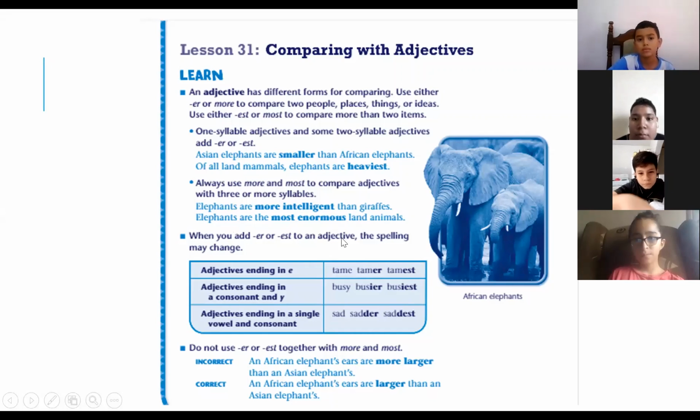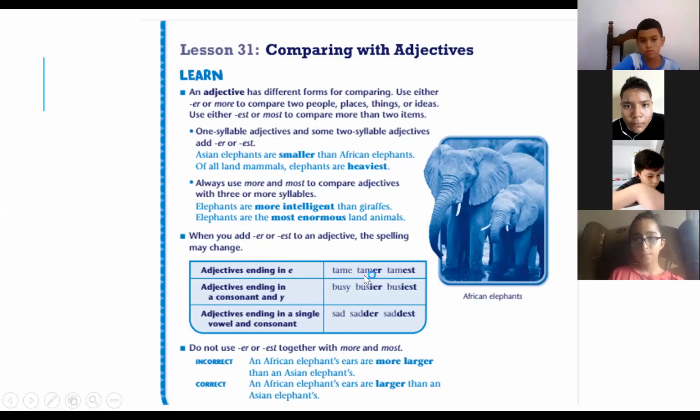So let's continue. When you add ER or EST to an adjective, the spelling may change. So we have adjectives ending in E. You eliminate the E and you add the suffix. It will be tamer and tamest.